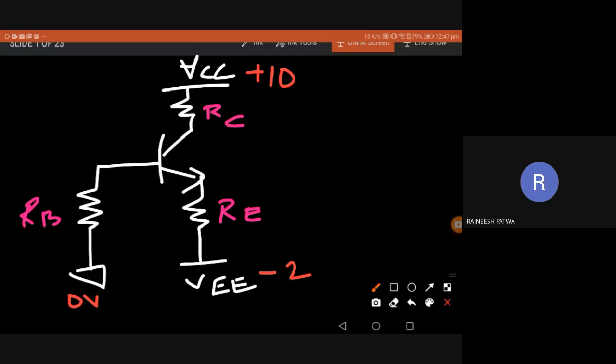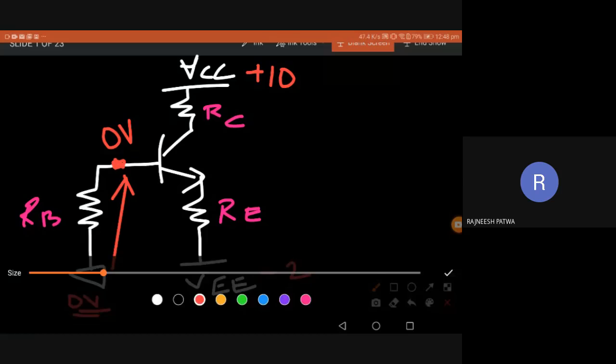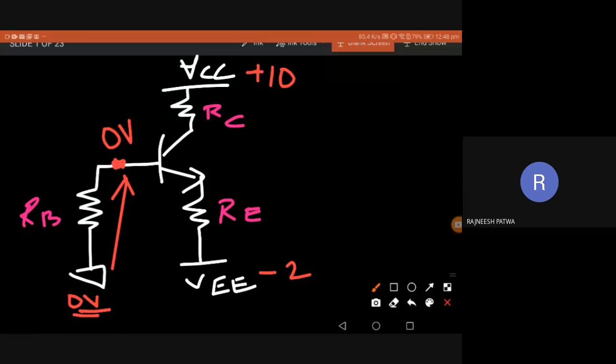Another way of analyzing the circuit: can I assume that 0 volt is coming across the base here? Because I'm given 0, this is at 0 volt. Can I take it like that? It's a question. The things are very much simplified. Then there's a base voltage VB, and VBE.